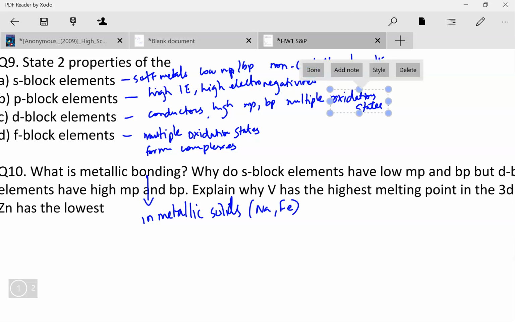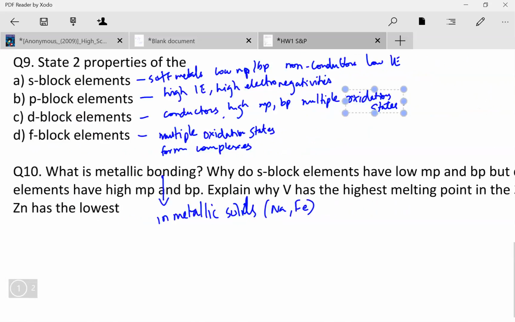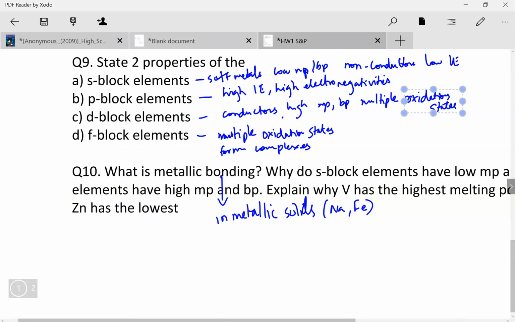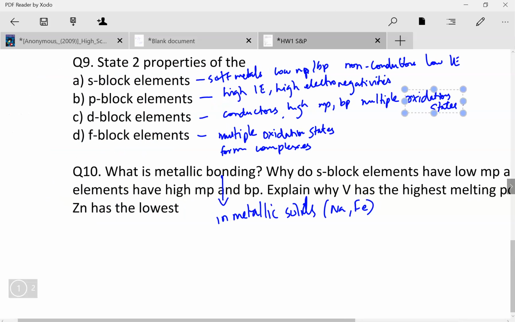S block elements have low melting point and boiling point, while D block elements have relatively high ones. This is because melting point and boiling point has to do with the number of unpaired electrons that are allowed to be free in the lattice, because D block elements have more unpaired electrons to let go of.